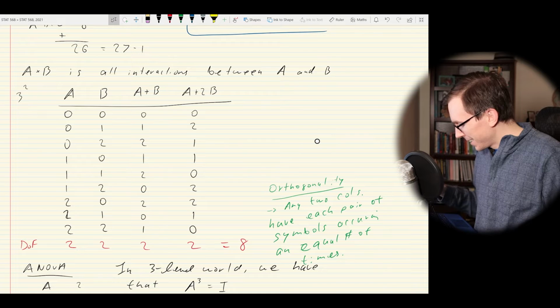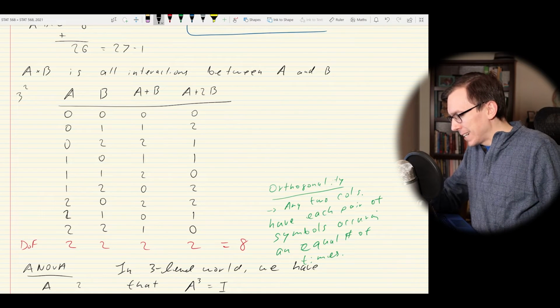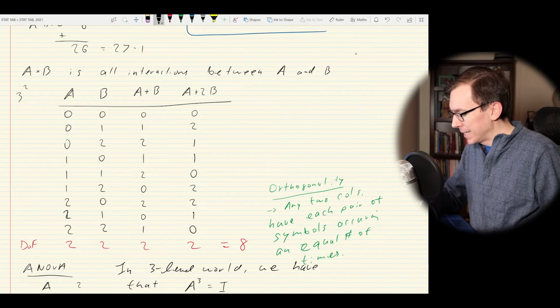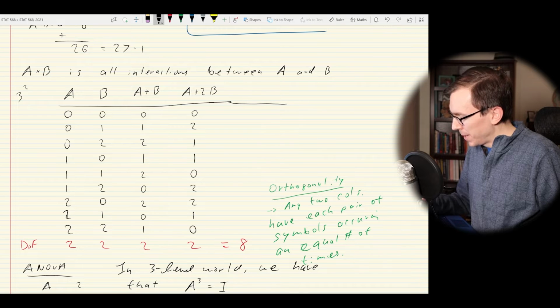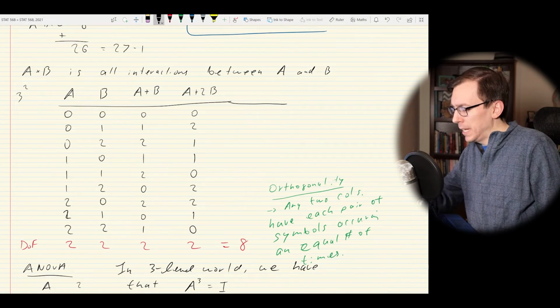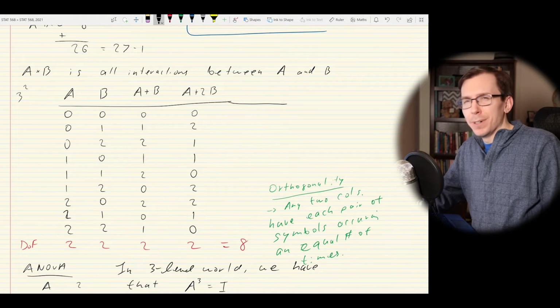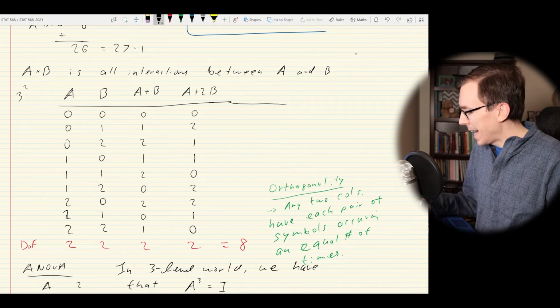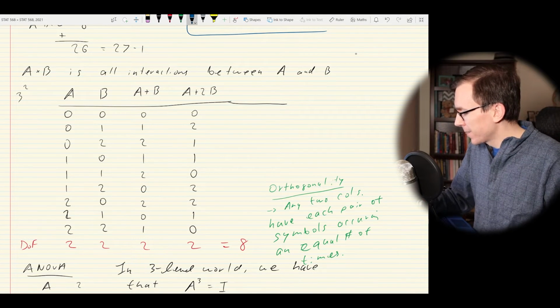Good. All right, I'm moving that down because I want room for another column. What some of you at home might be wondering is, okay, you put in A plus B and A plus 2B, but what about 2A plus B? Why is that not here?